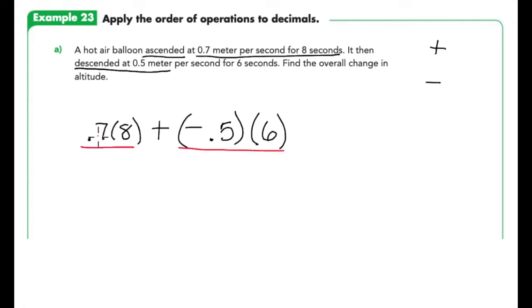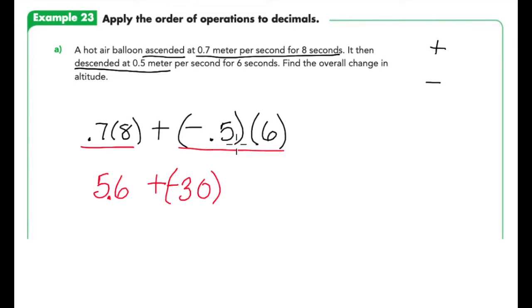So for this one here, we would multiply 7 by 8, and that gives us 56. But there was one decimal place, so that is 5 6/10, plus 5 times 6 is 30, and it's a negative times a positive, so that is a negative.